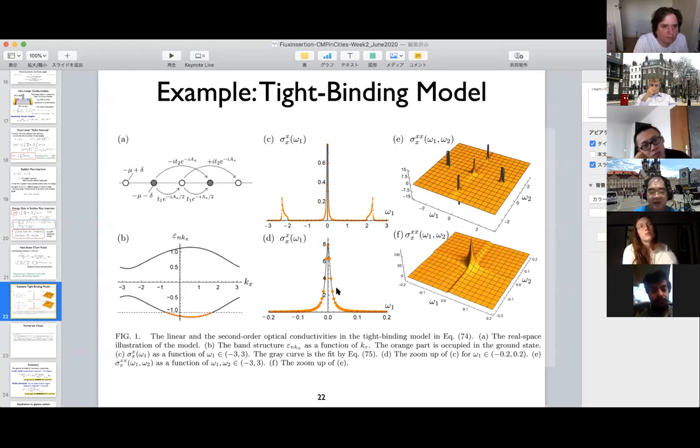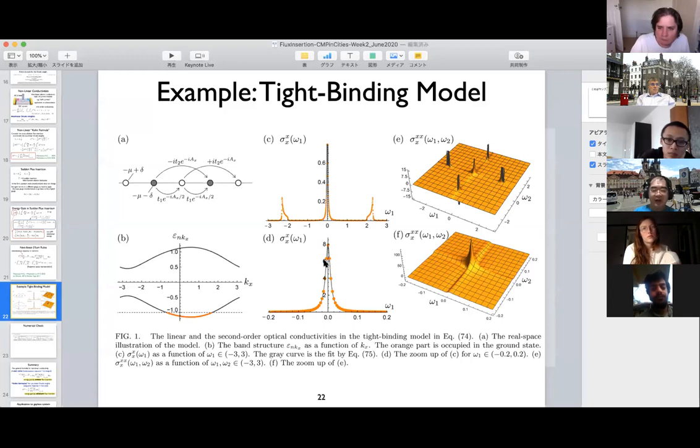And yeah, you end up. So here I think this calculation was done by Haruki. So I don't fully grasp the details, but this peak apparently has a finite width, but this is because he put some artificial widths in the calculation to make the calculation sensible. So this is basically a delta function peak.